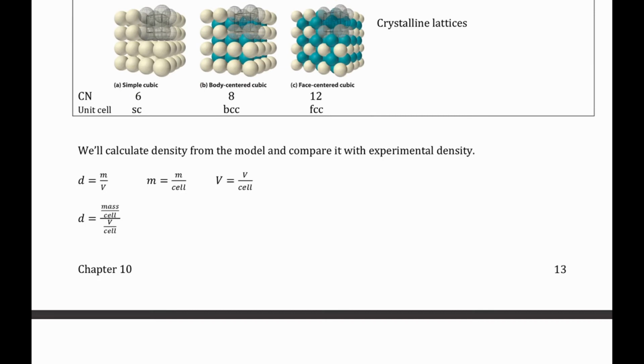For the mass part, we're going to determine the mass in a unit cell, so mass per cell, and for the volume part, we're going to determine the volume per cell. So ultimately, we will calculate density equals mass per cell over volume per cell. Notice the per cell part cancels out.